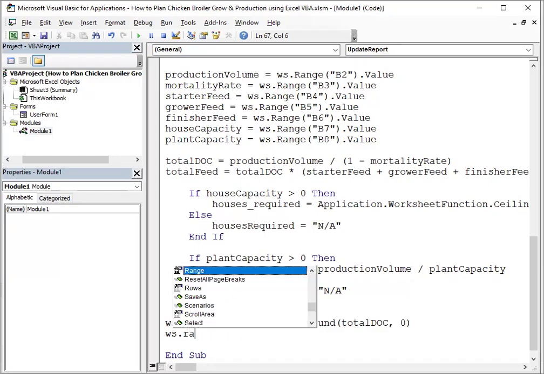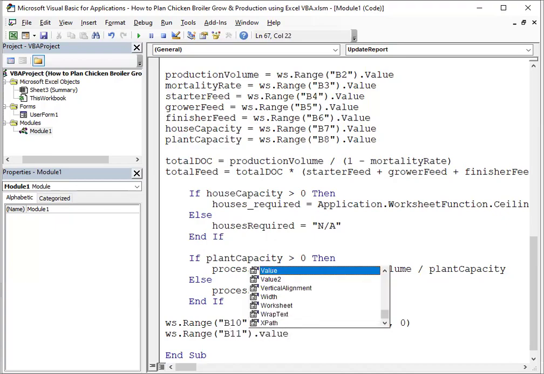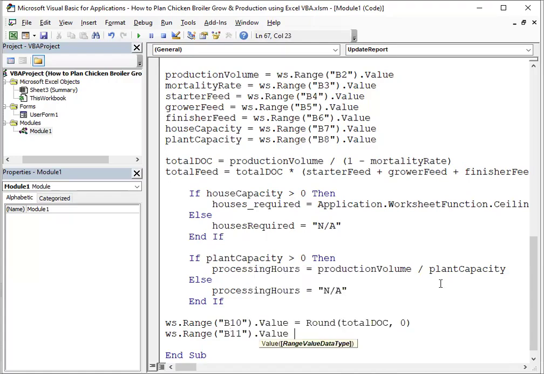ws.Range, and the next one I showed you earlier would be B11. Don't forget the quotation marks, then close it, then .Value equals, again I'm going to round it, but this time it's for the total feed, comma 0, no decimal places.